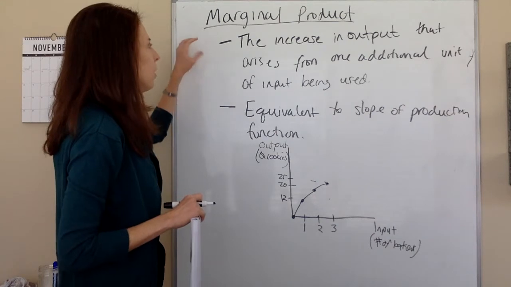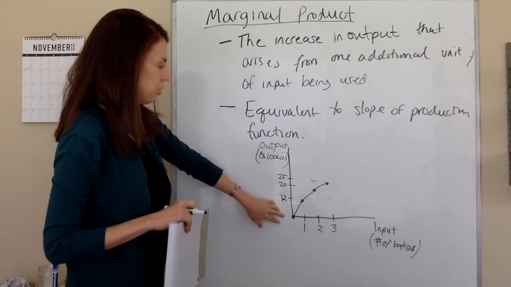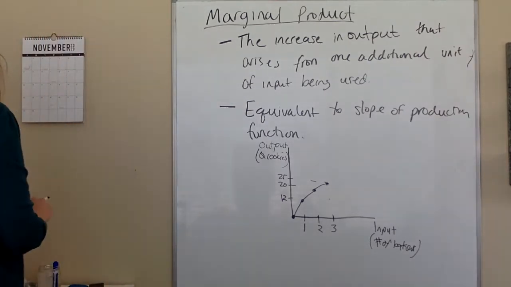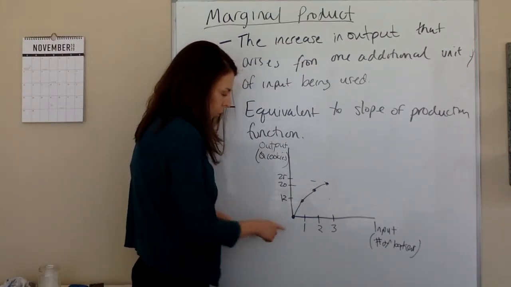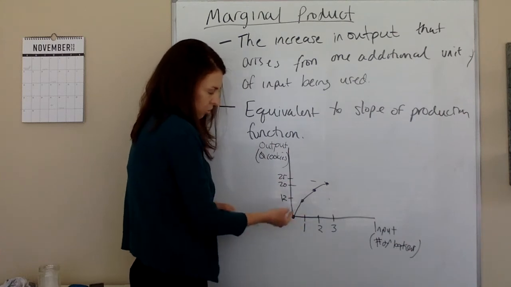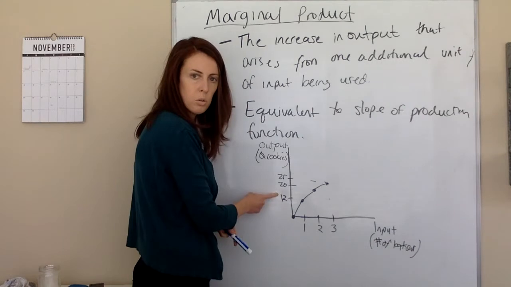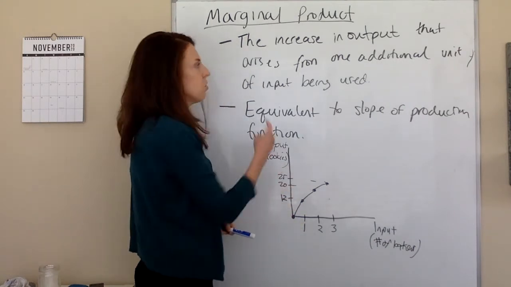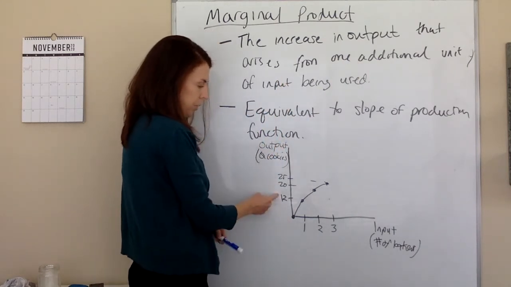What we know for marginal product is that the slope of the production function is equal to the marginal product. Think about what the slope is. The slope is just rise over run. So if we want to know the marginal product of the first worker, just off the bat, we know that it's 12 because this one worker produced 12 cookies. So when we go from 0 workers to 1 worker, which is using 1 additional unit of input, output goes up by 12.